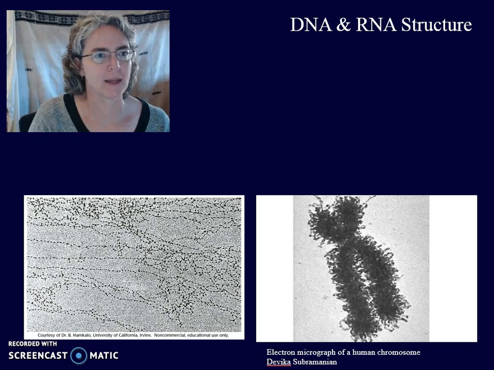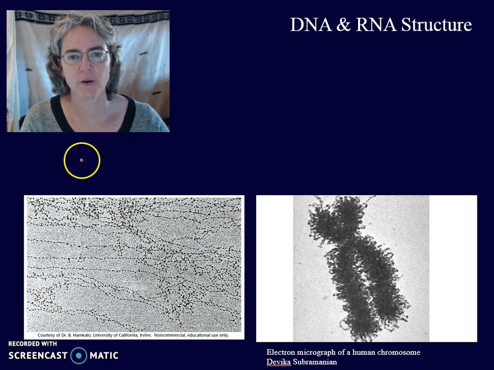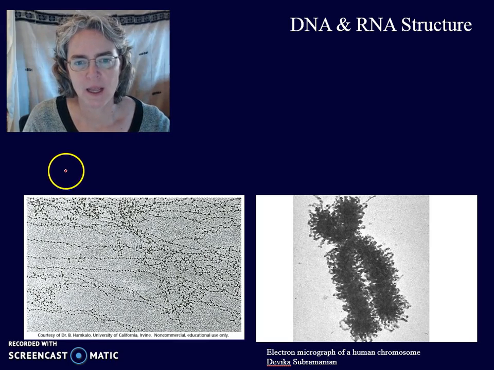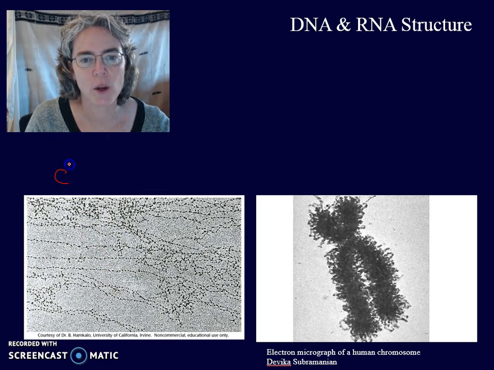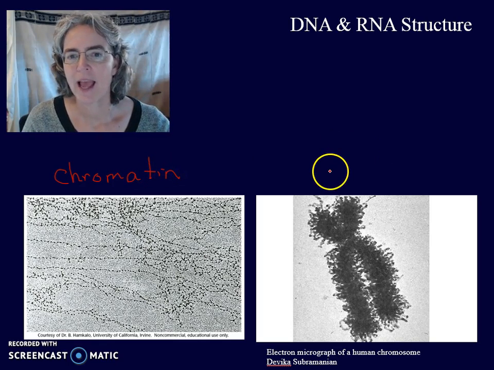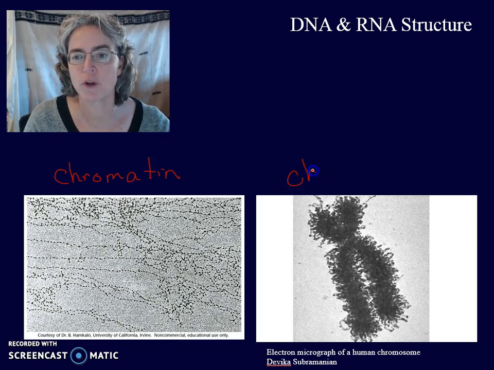So let me get my pen here. So this electron micrograph is of DNA molecules in chromatin form. And this electron micrograph is of DNA in chromosome form.